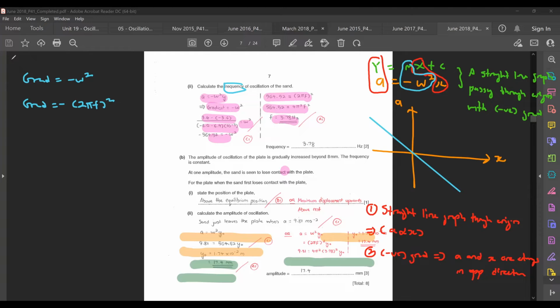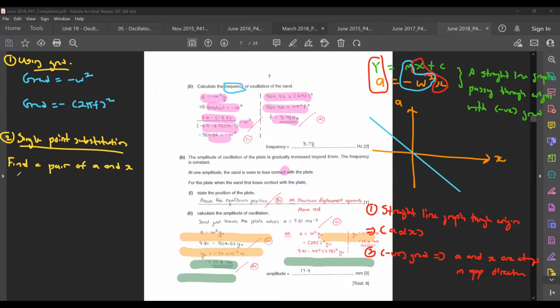Okay, this is one part. This is using gradient. But I also did mention to you that you can use single point substitution, which is not shown in my working here. You find a pair of a and x from graph, then substitute into a equals negative omega square x.